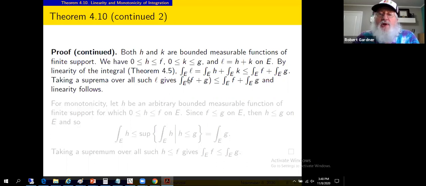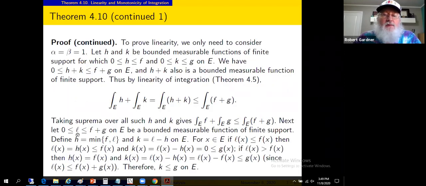Okay, so we just showed the integral over E of L is less than or equal to the integral over E of f plus the integral over E of g. We got into this choosing L. How? Let's go back. Previous slide. L was less than or equal to f plus g. It was a bounded measurable function of finite support.